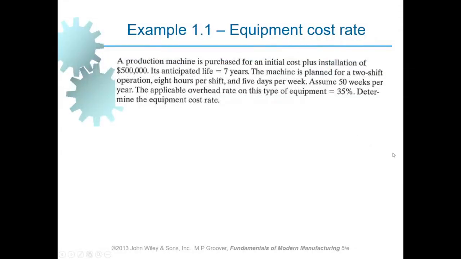A production machine is purchased for an initial cost plus installation that comes to a total of $500,000. It is anticipated that this machine will last for a period of 7 years. So we have purchased it for $500,000 installed, and it is going to work for us for 7 years.